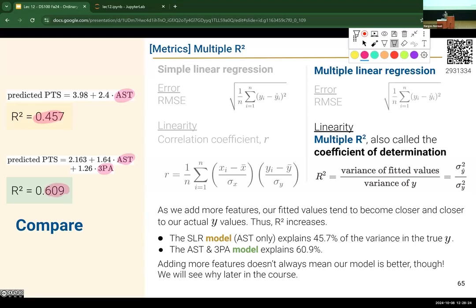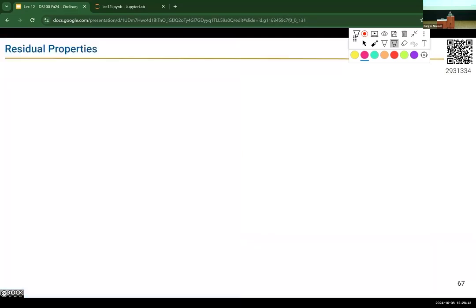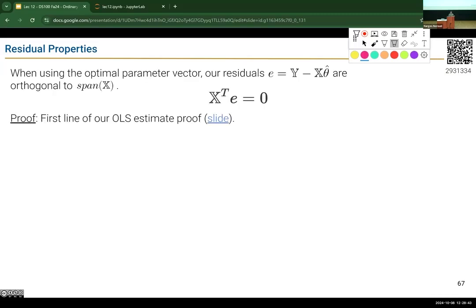In fact, if you throw in all three features together, the coefficient of determination is going to be very close to 1, meaning that you explain the entire variance that you had in the data set.